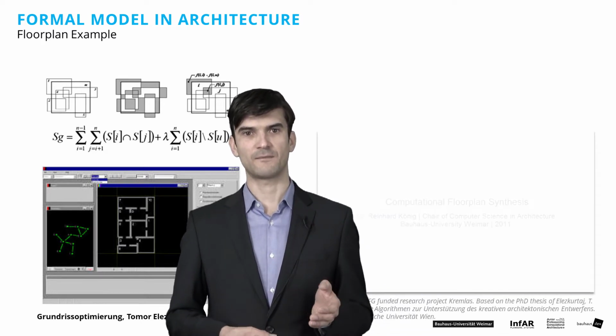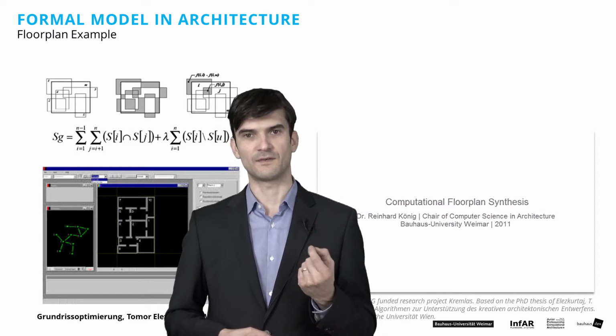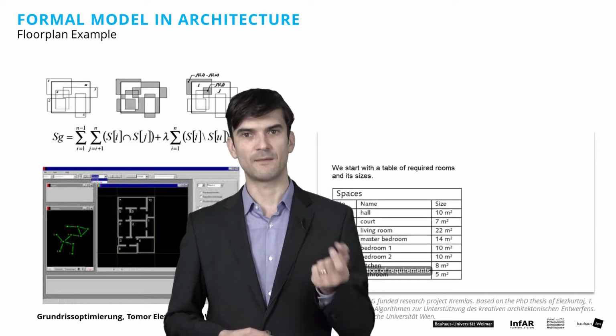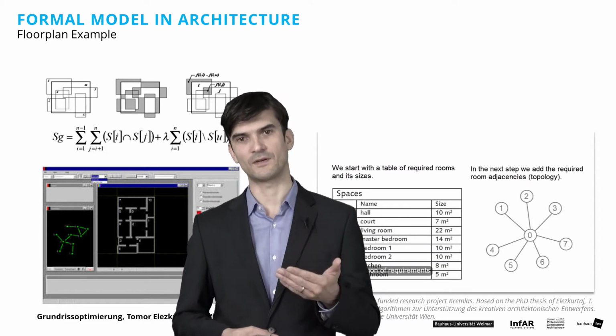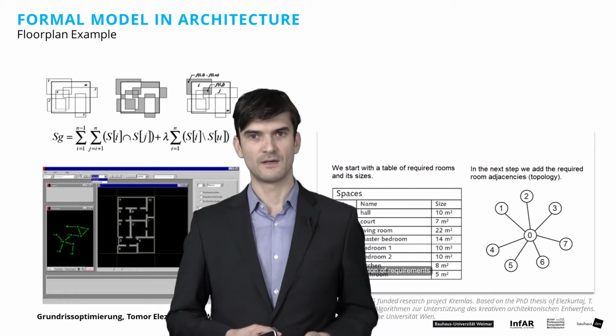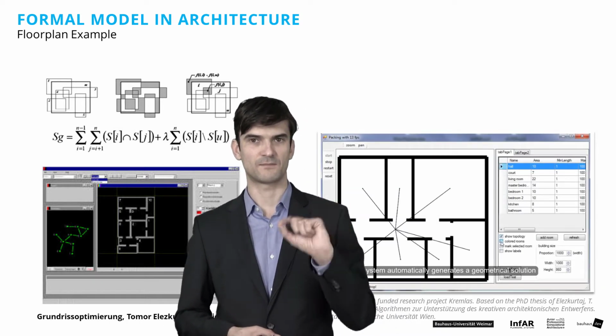At the same time, the algorithm tries to minimize the distances of rooms that are defined to be neighboring to each other by means of this topographic diagram that you can see, by the connections drawn by the lines between the rooms.